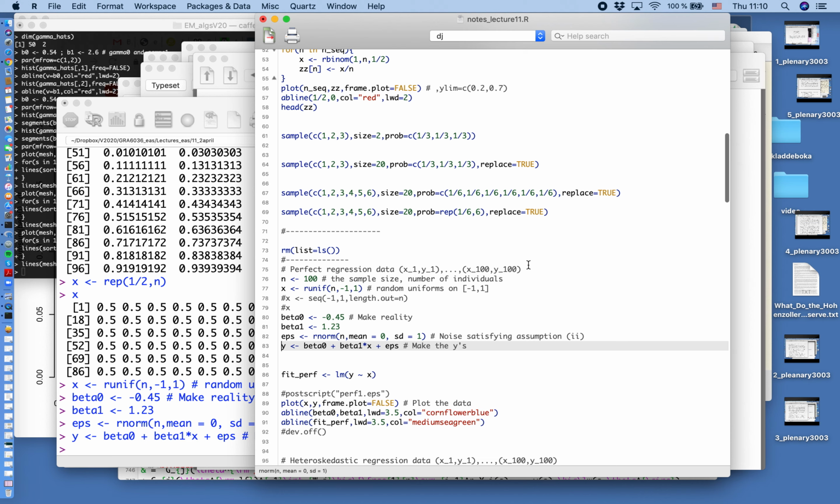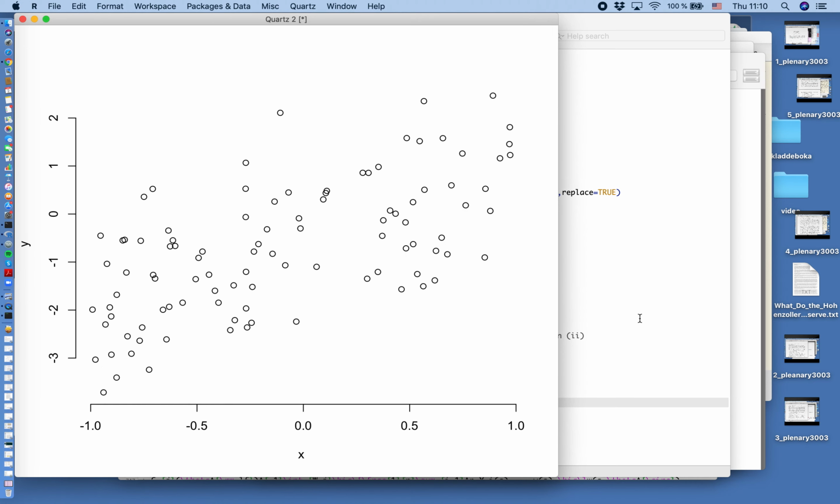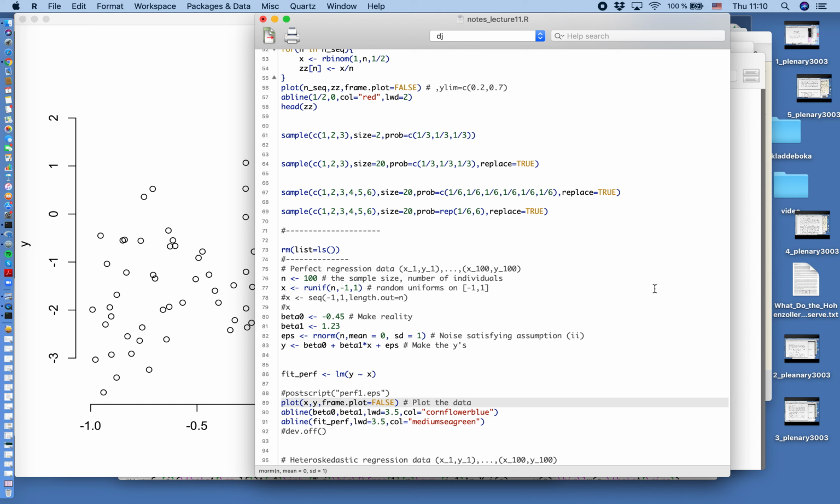Now we can have a look at these regression data. We plot x against y, and we get this plot here. Since we are in the situation where we know the true regression line, because we know beta 0 and beta 1, we can overlay the true regression line.